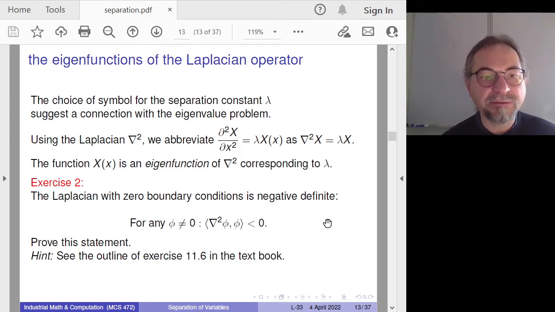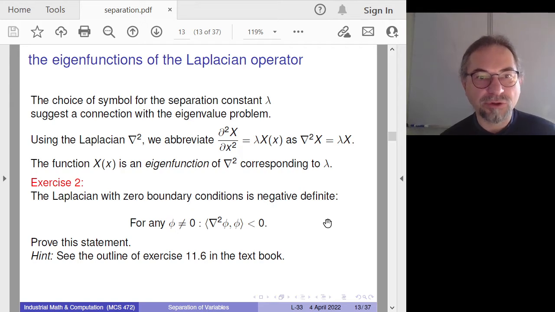So negative definite means negative eigenvalues, as you may remember from a linear algebra course. A matrix with all its eigenvalues negative is often taken as the definition of negative definite. In a rigorous linear algebra course, you would prove that. Here, the statement is generalized to work with eigenfunctions.